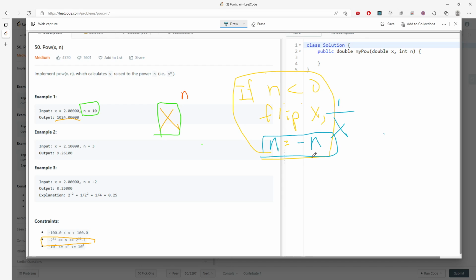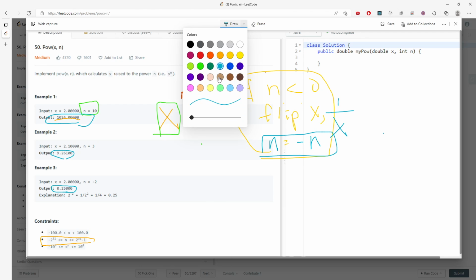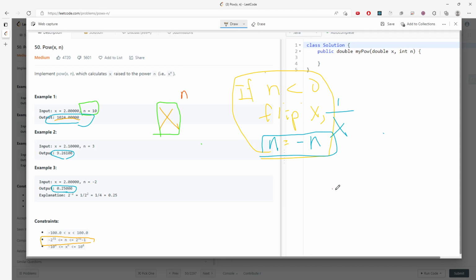The second step is to calculate the output number. It should be a really small number or a really big number, right? For the value, how do we solve it? In this case, we can use a recursion.